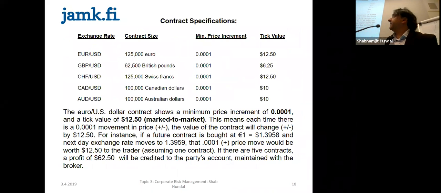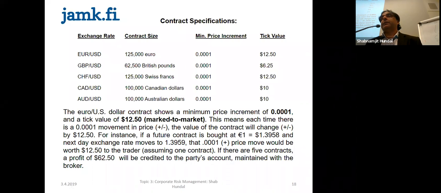This is very important. Can you see here? These are the standard contracts in American markets. If you are in New York and you want to trade euro future contracts, then the size of the contract, for one contract, is 125,000 euros.